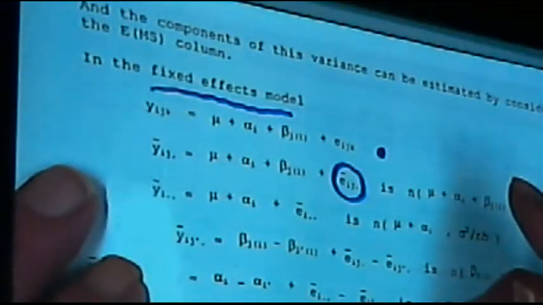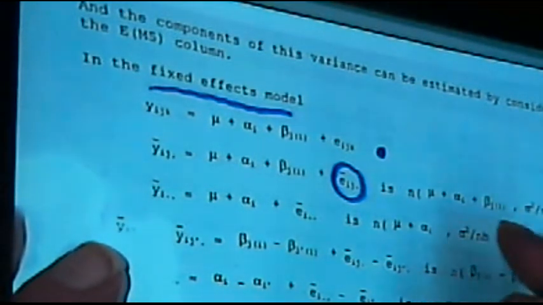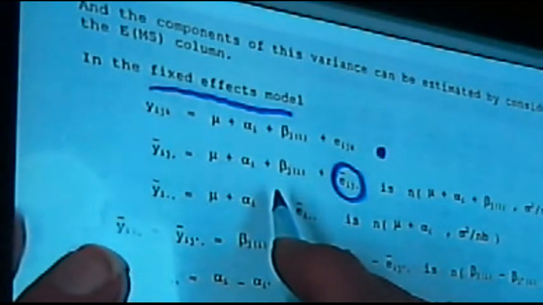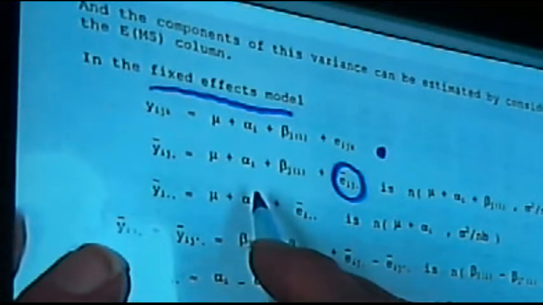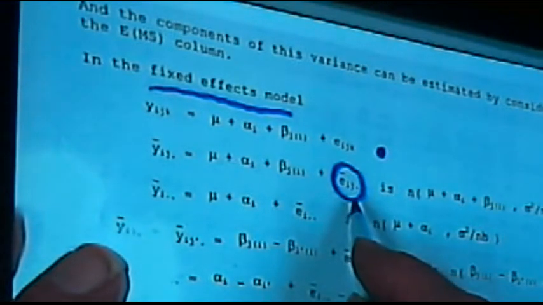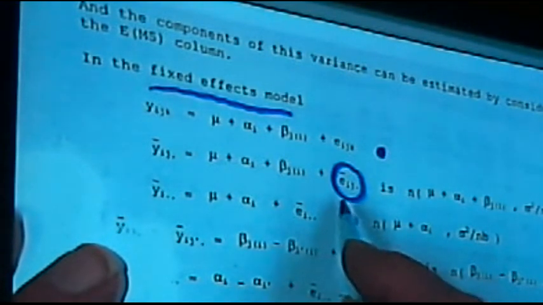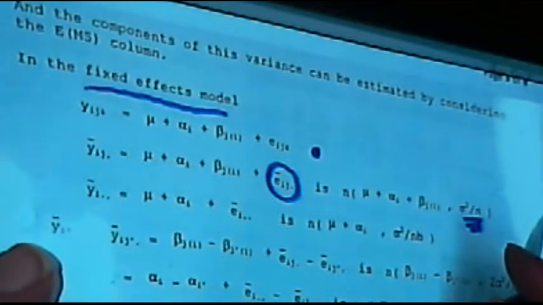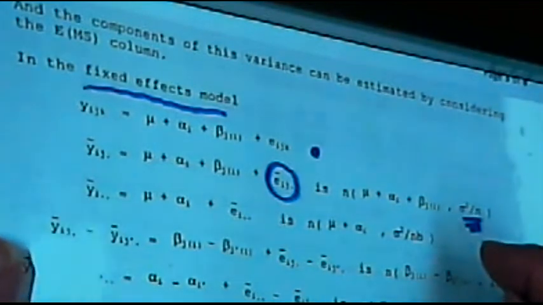So we write e bar ij dot, and then we ask, well, what kind of distribution does this thing have? The first three pieces are just constants, so they will be in the mean. And the only thing that's random in this equation is the rightmost piece, the e bar, and that's a sample mean, and so it's going to have variance sigma squared over n. So anyway, overall, this y bar ij dot is normal with that mean and that variance.